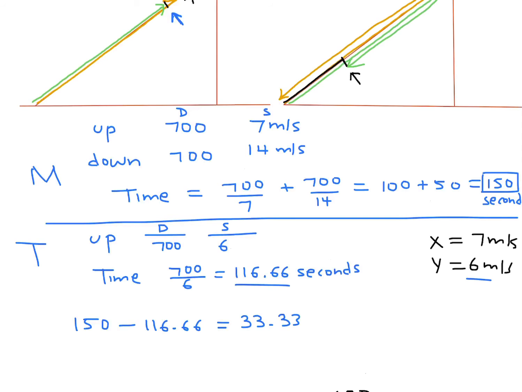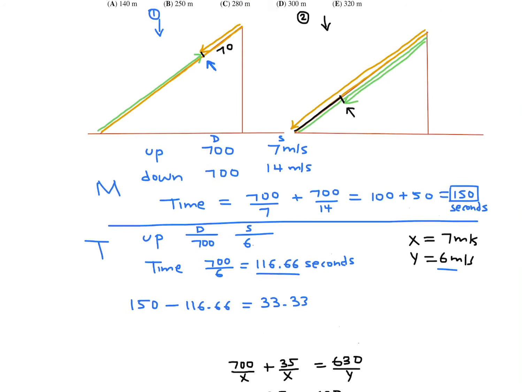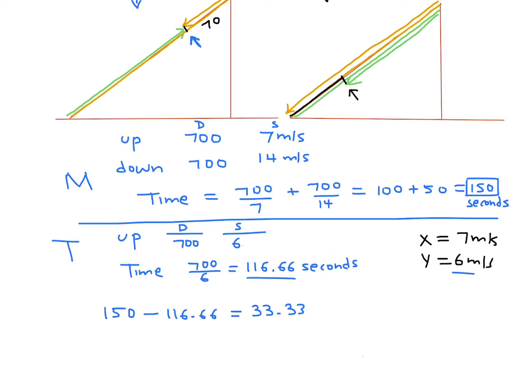Because Maria traveled up the hill in 150 seconds, and then when she came all the way back down, Tony had only reached this point right here. But it took him 116 seconds to get all the way to the top, so the remaining amount of time is how much time it took him to get to that point.